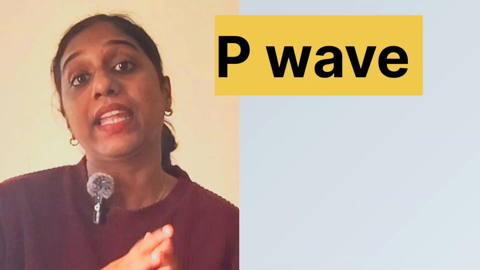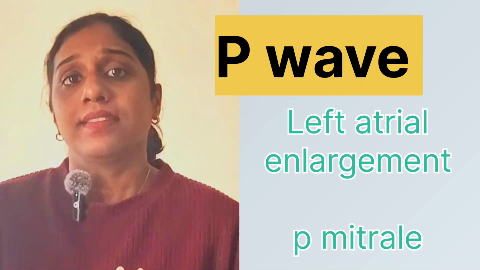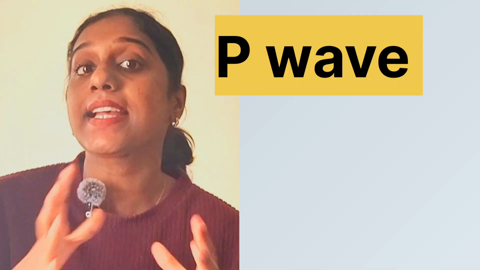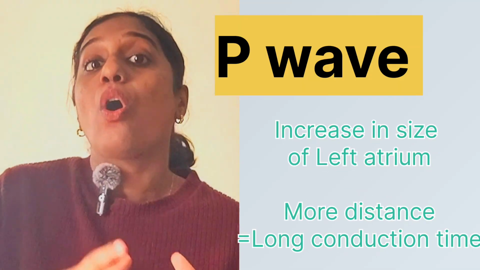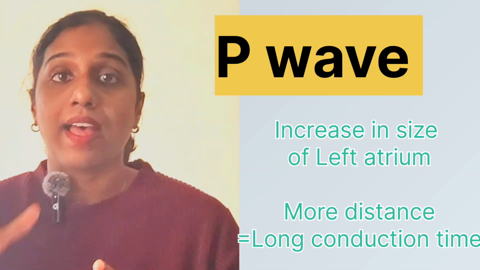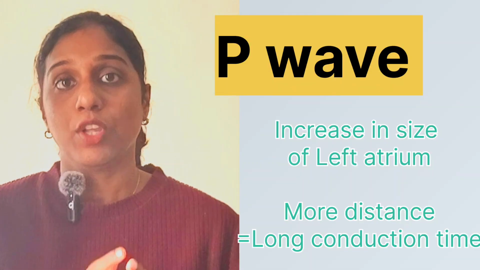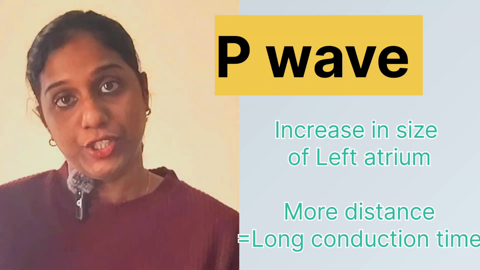But in case of left atrial enlargement, we will get P mitrale. That is because left atrial enlargement causes an increase in the size of the left atrium. So it will take a longer time to travel the entire, enlarged left atrium. More distance means prolonged conduction time.